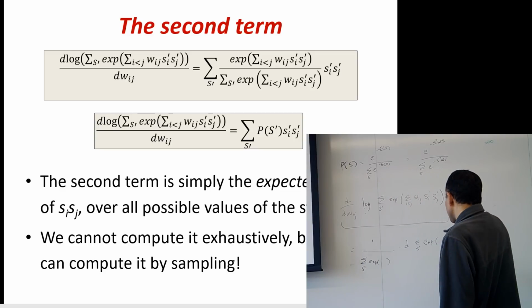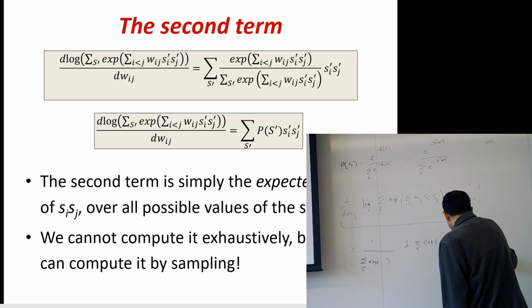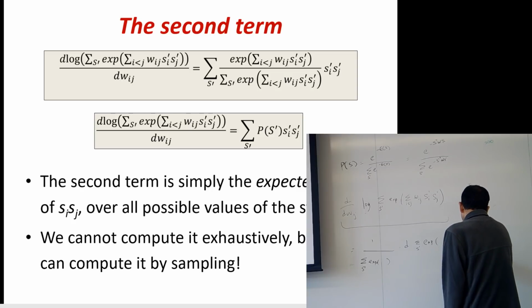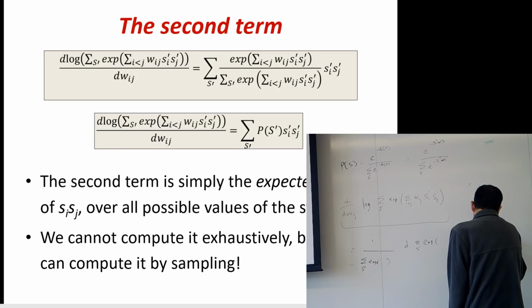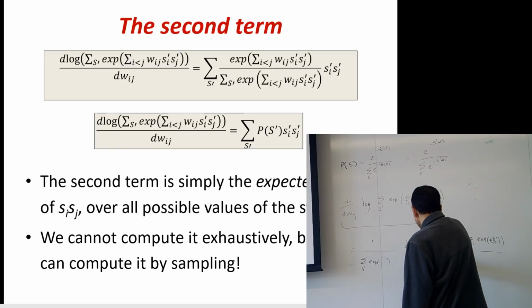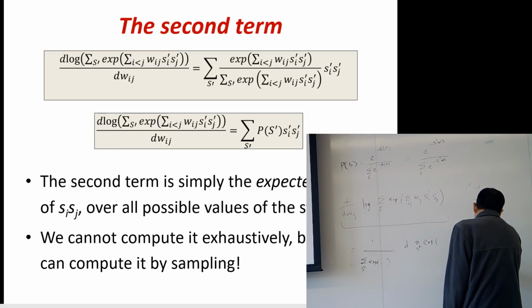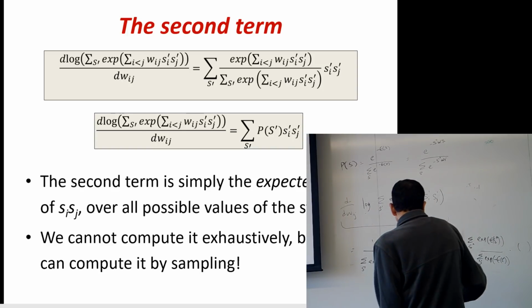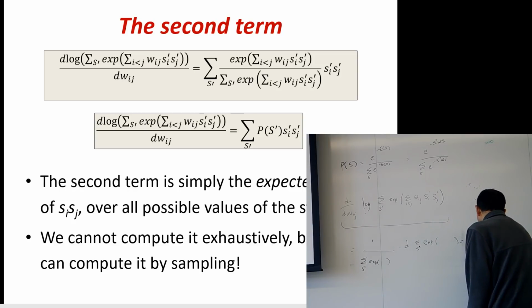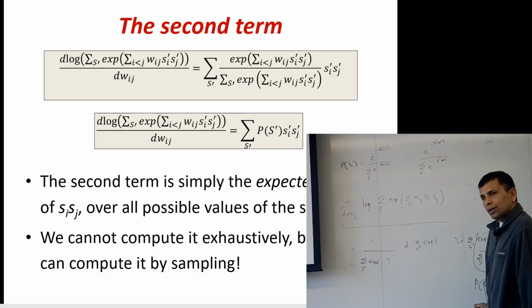And when I do this, this whole thing is going to give me the summation over s prime of exponent of minus energy of s prime, divided by this guy, times the derivative of the energy itself. And this term over here is just p of s prime, right?